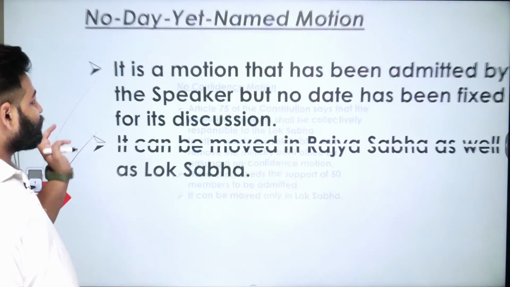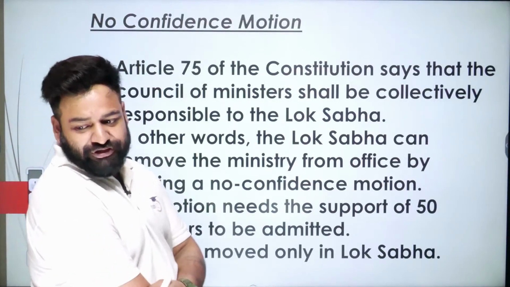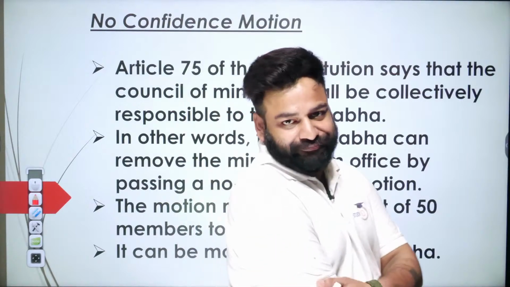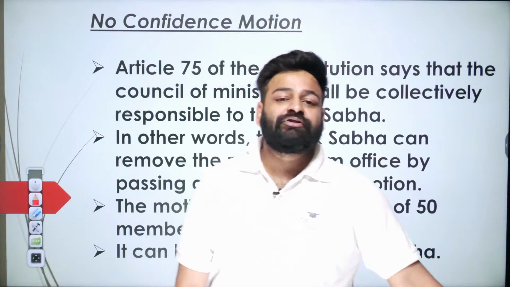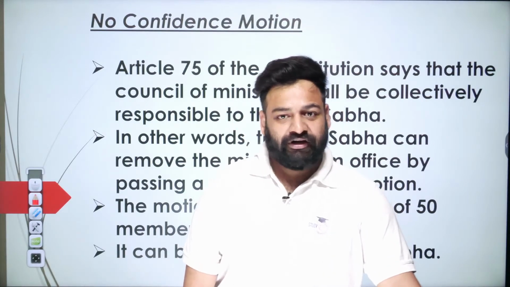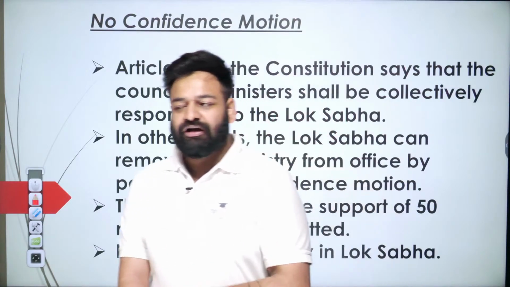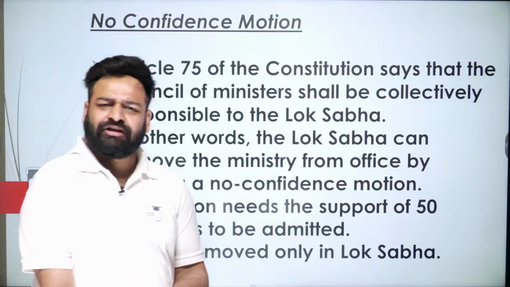Next, no confidence motion. As per the provisions of Article 75, what is stated there? The collective responsibility of the Council of Ministers to the Lok Sabha, right? As what we simply call the Council of Ministers, they do swim and sink together, right?